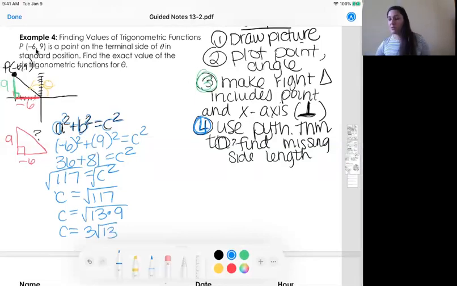All right, so now we know that missing side length. I'm going to label it up here. 3 root 13. I'm going to label it here, 3 root 13. Okay, so now we've got all of our components that we need.